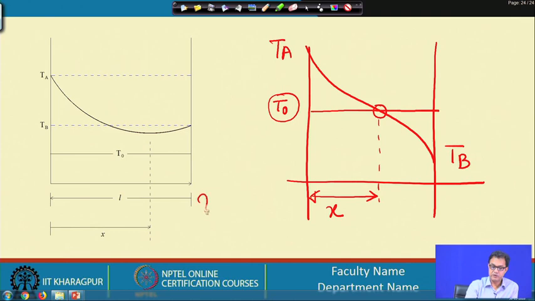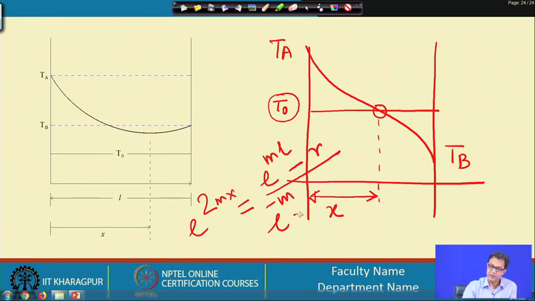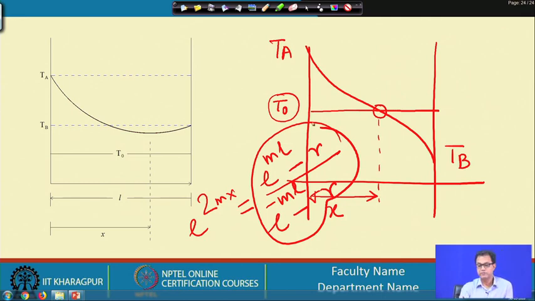In this case e to the power 2mx will lead to e to the power ml minus r divided by e to the power minus ml minus r. So this is different from the previous situation.